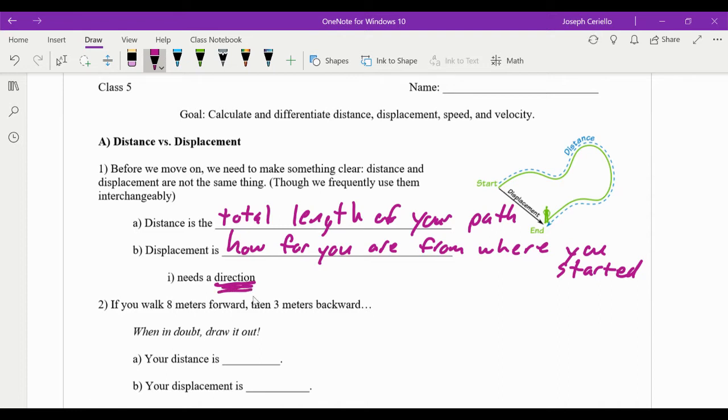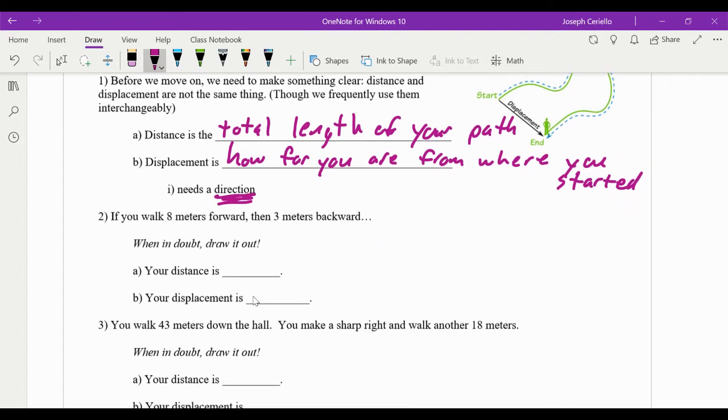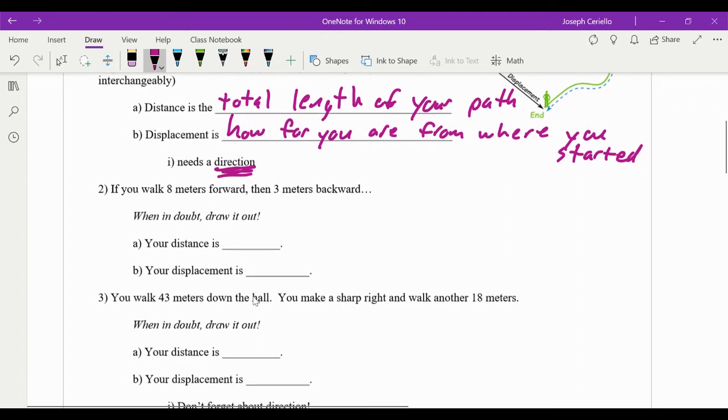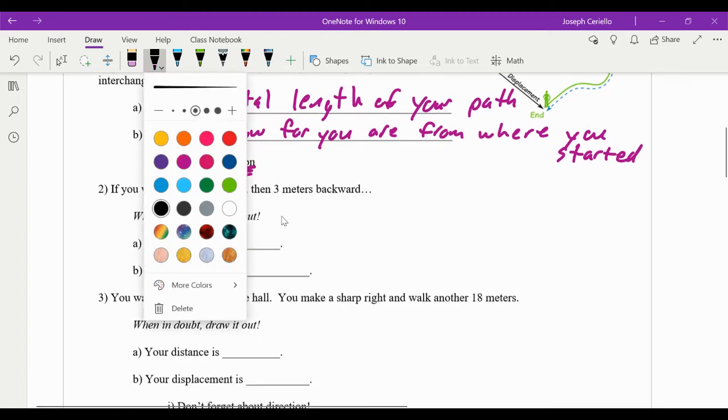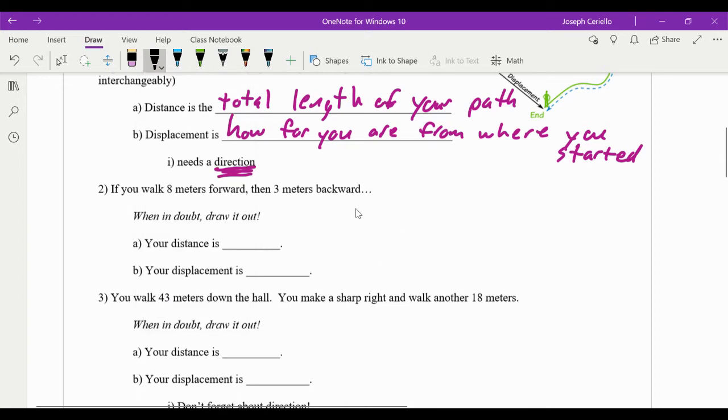All right. So let's say you walk 8 meters forward, then 3 meters backward. So I'm going to start doing my distances in black. Let's say you walked 8 meters forward and then 3 meters backward.